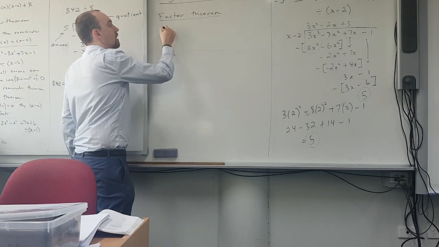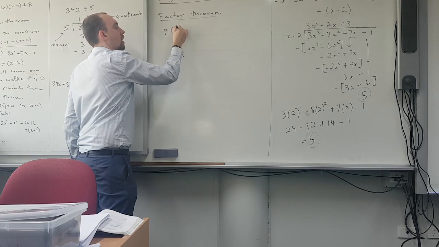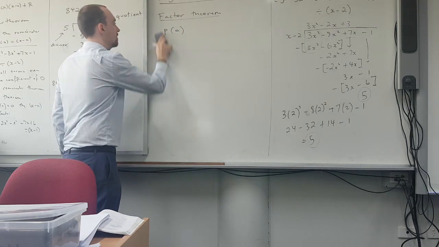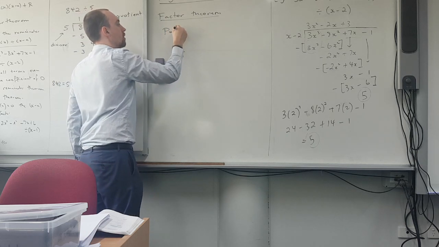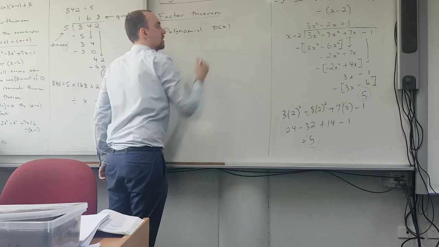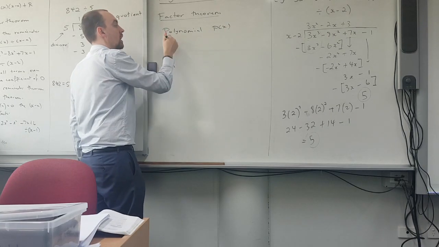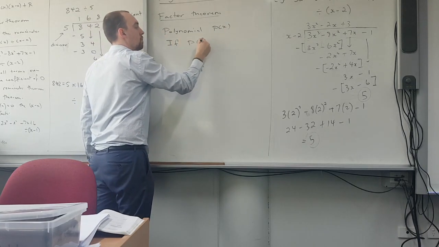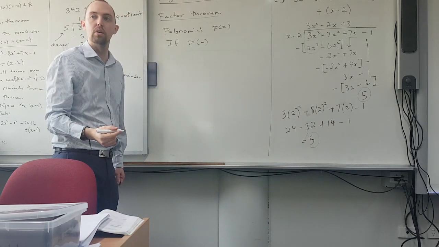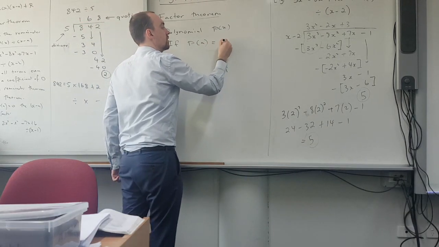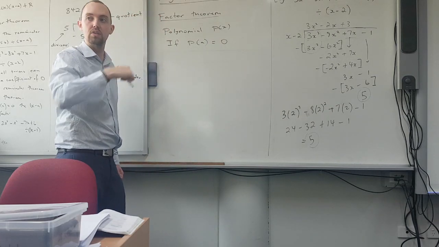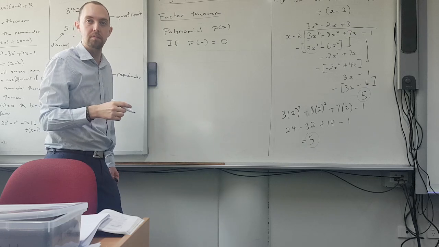So if we have a polynomial p of x, if p of a, some number that we've substituted into our polynomial, is equal to 0, this means my remainder is 0 according to the remainder theorem that we just spoke about.